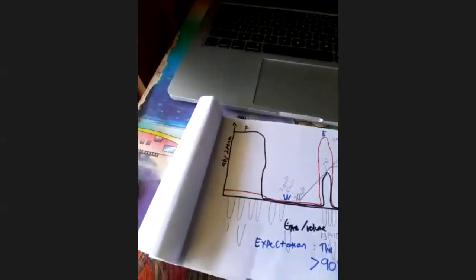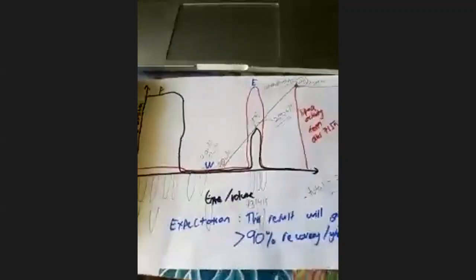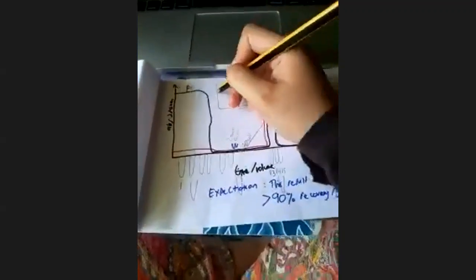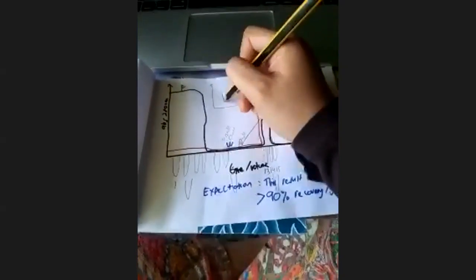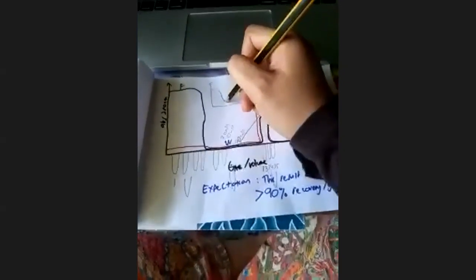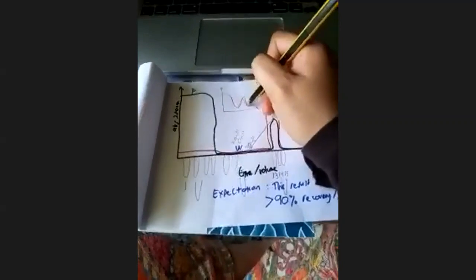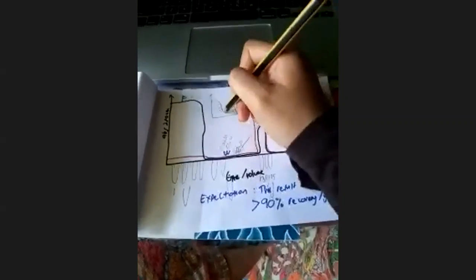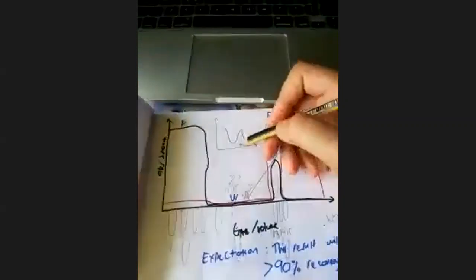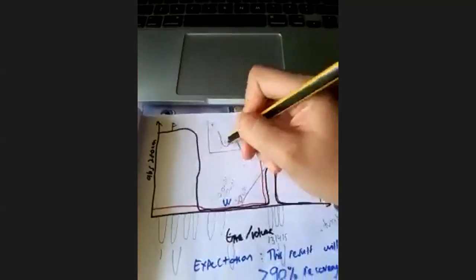So if we draw your graph, it will be like this. Flow through, going down, and then you immediately elute. You see, you have a mixture of flow through and then washing.